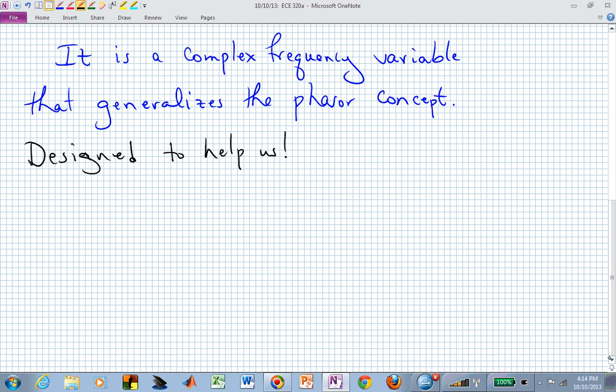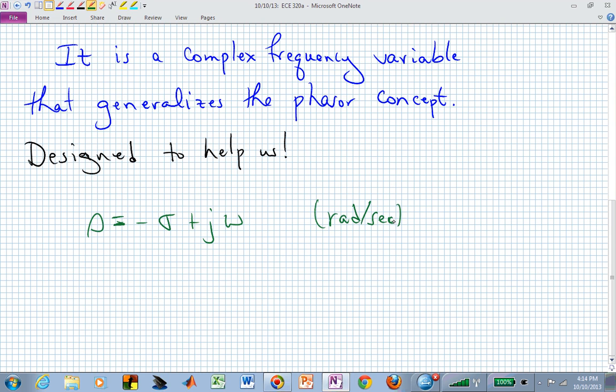To get us started thinking about this Laplace transform, let's look at parameterizing that complex frequency variable s. Let's give it a real part, minus sigma, and an imaginary part, which we indicate by j. That's the square root of minus 1. The real part and the imaginary part are orthogonal to one another.